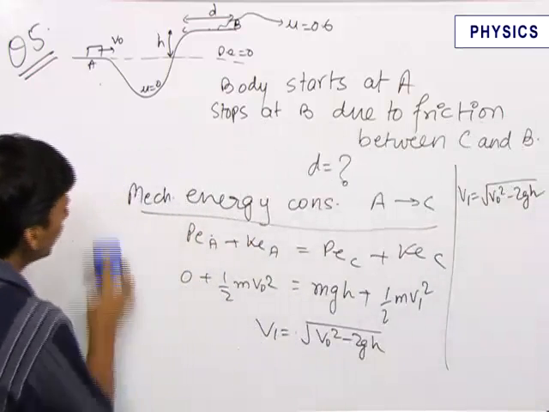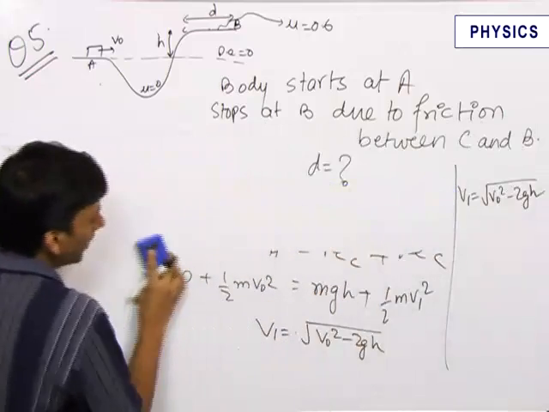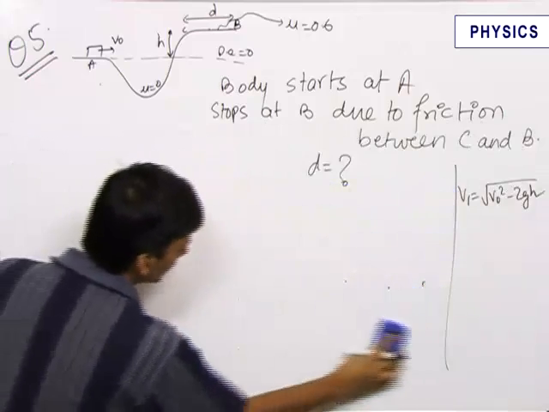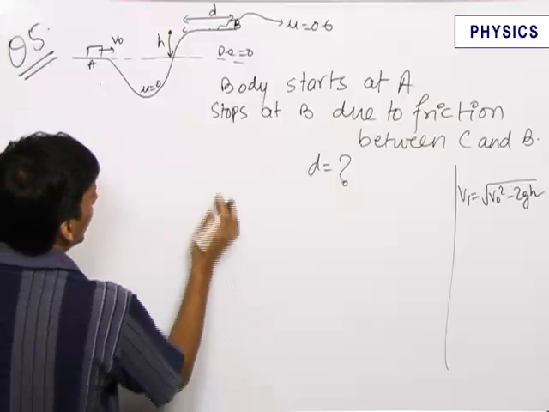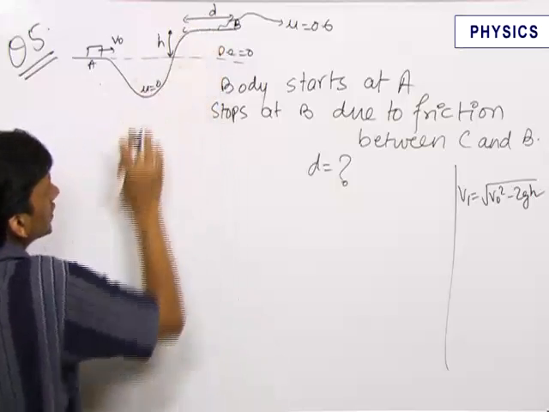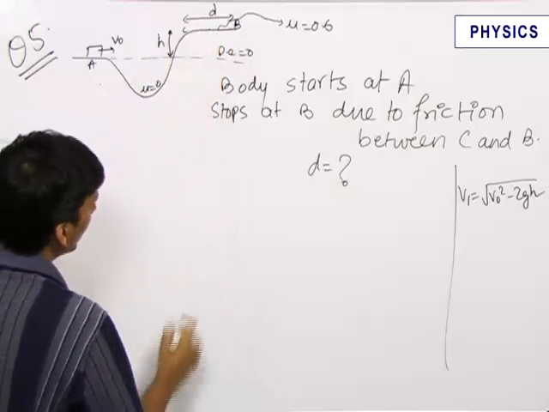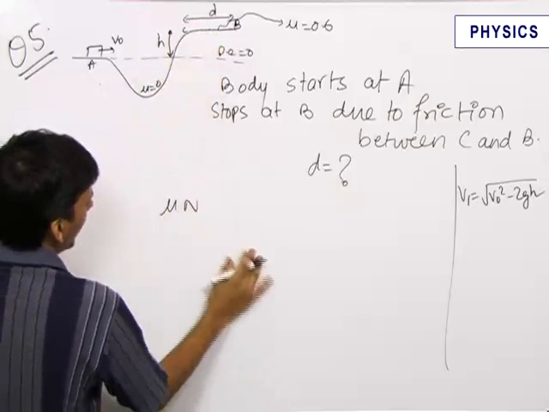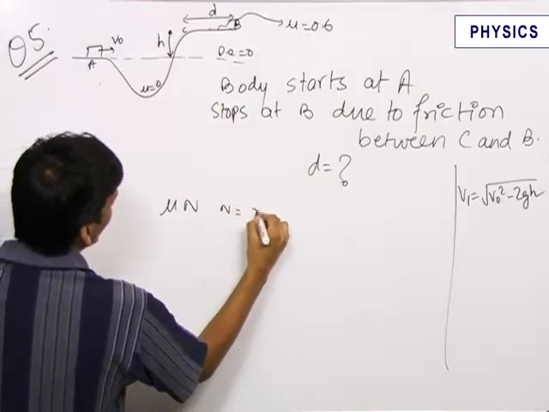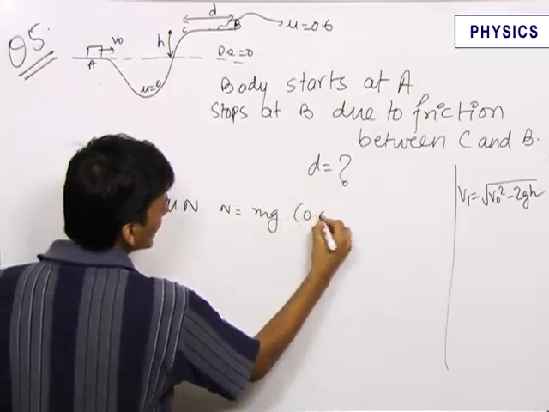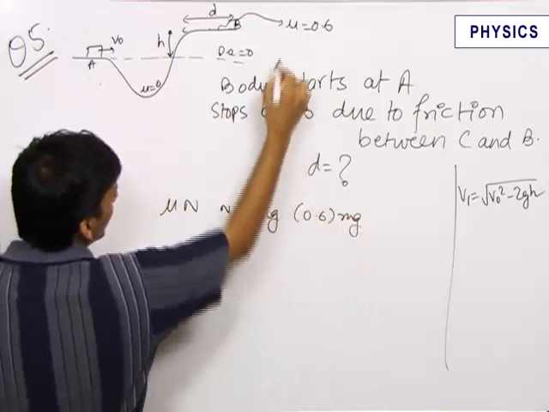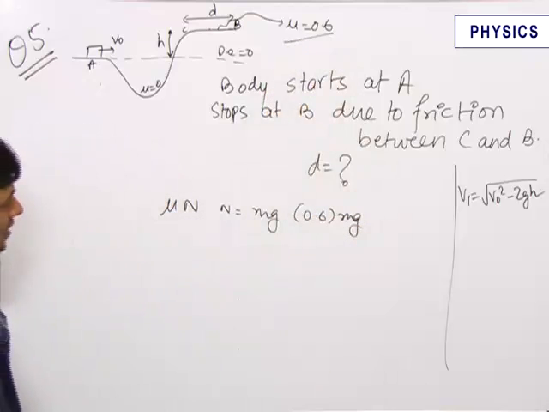Now we need to find the distance travelled by the block as it goes from C to B on a friction path. Since the object is already having some velocity here, kinetic friction will act on the object, that is equal to mu into N. The normal reaction is equal to m into g. Therefore, the friction force is equal to 0.6 mg, as the friction coefficient is given to be 0.6.